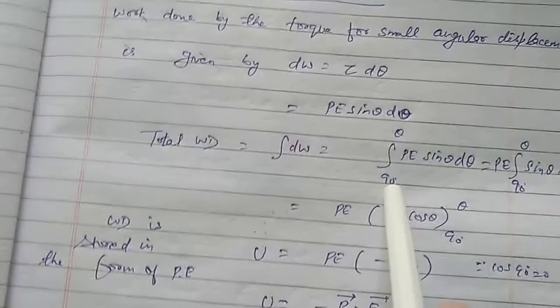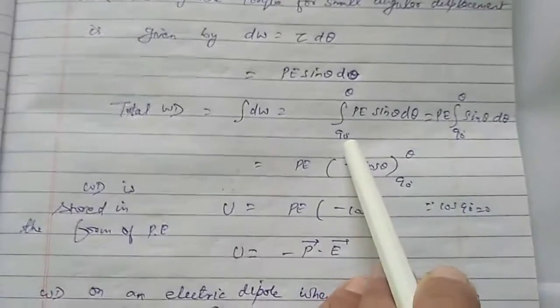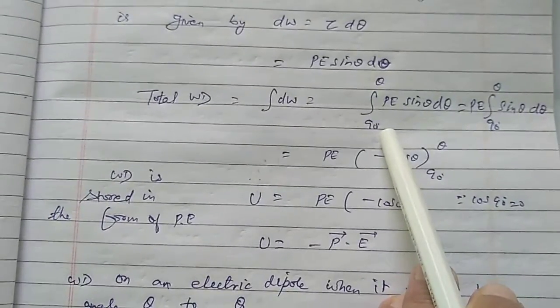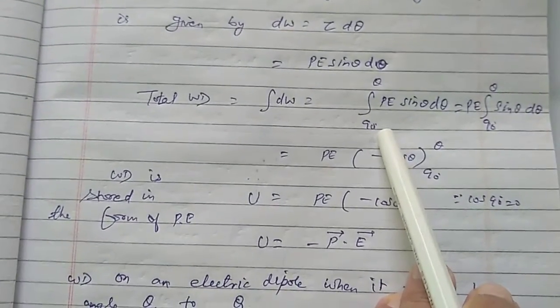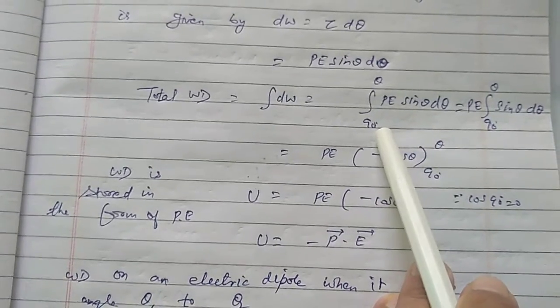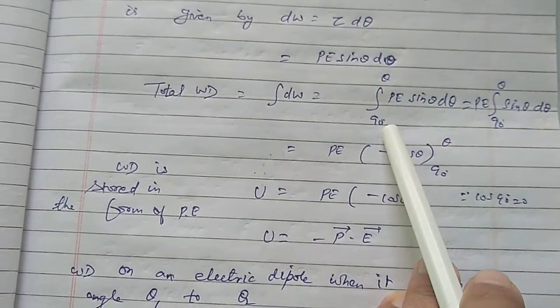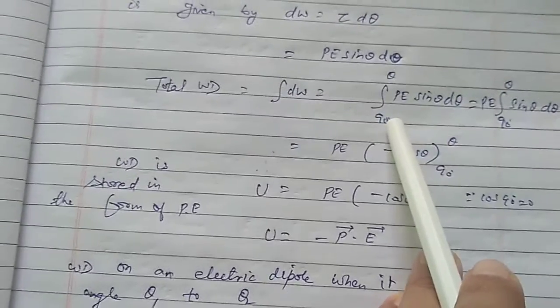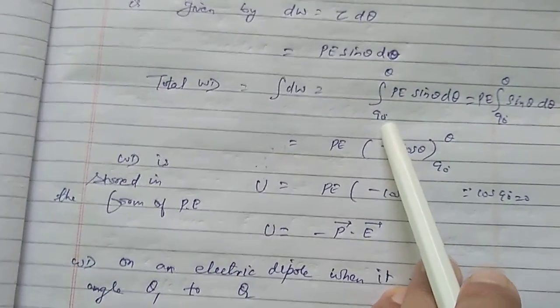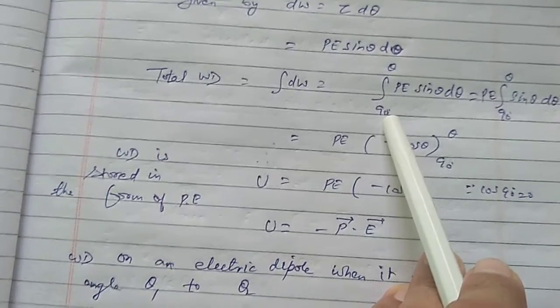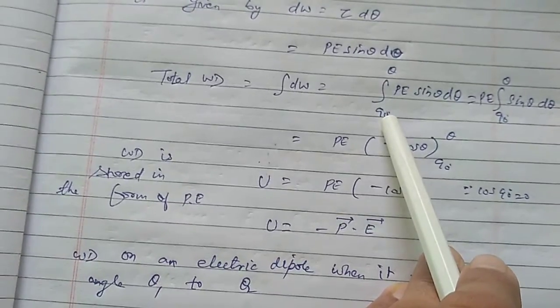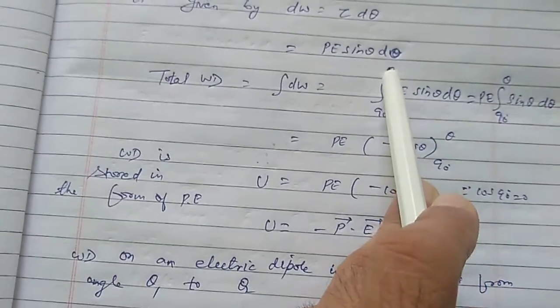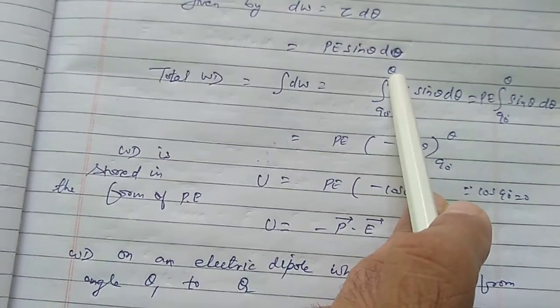Now I am taking the initial position as 90 degrees, which corresponds to the reference position where the electric dipole has potential energy 0. So let us consider the dipole rotates from the 0 potential energy to a certain other potential energy.